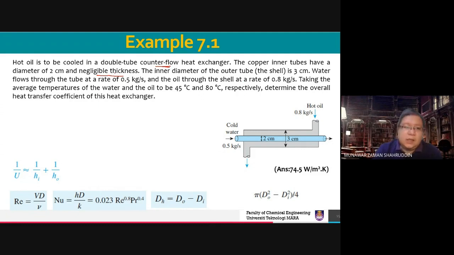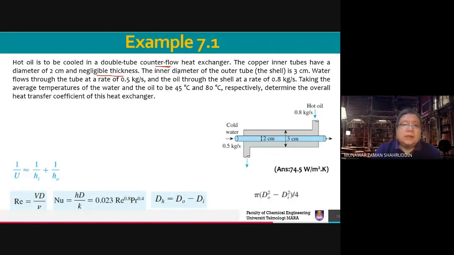Taking the average temperature of the water and the oil to be 45 degrees C and 80 degrees C respectively. Kita tahu dah dalam mengeluar ni is basically adalah 45 and 80. So respectively determine the overall heat transfer coefficient at this heat exchanger.